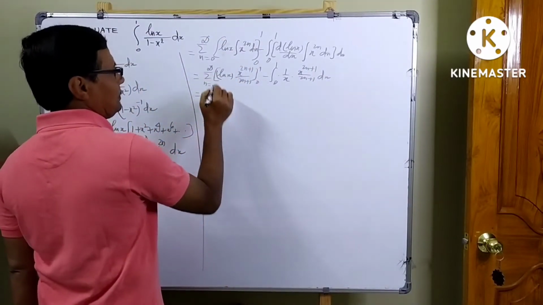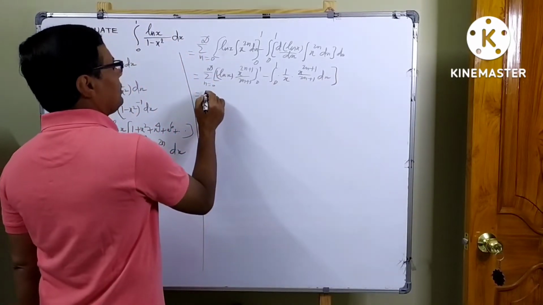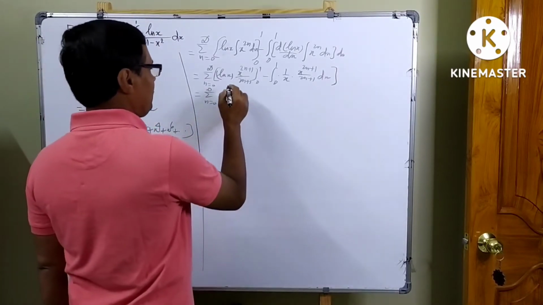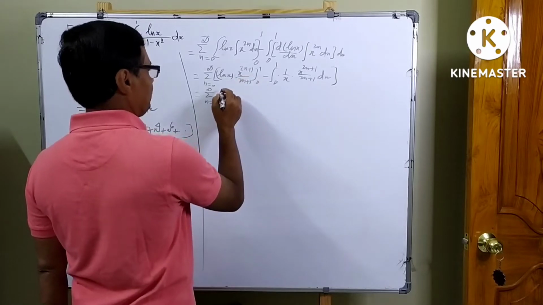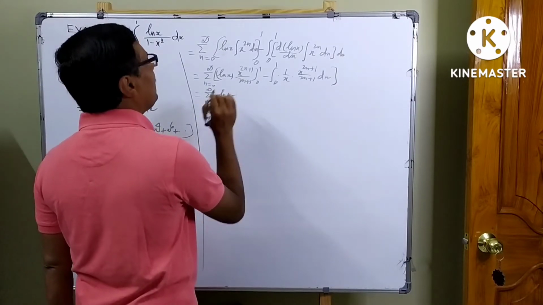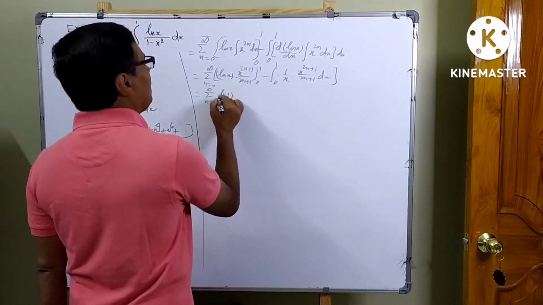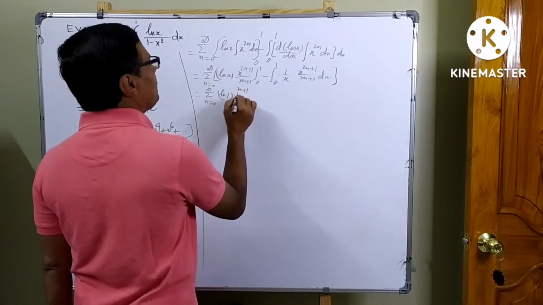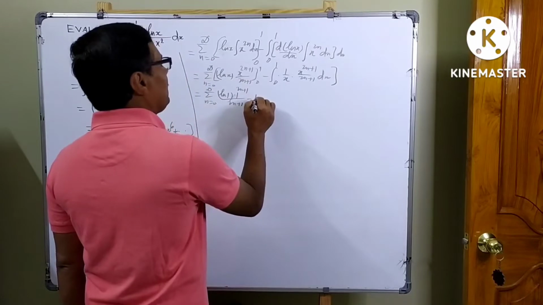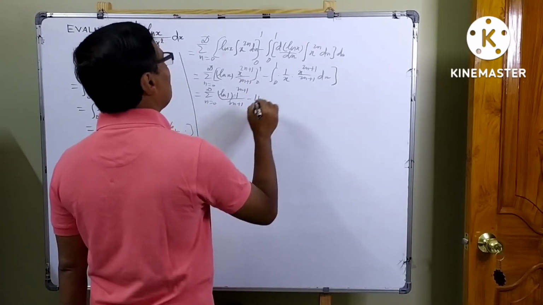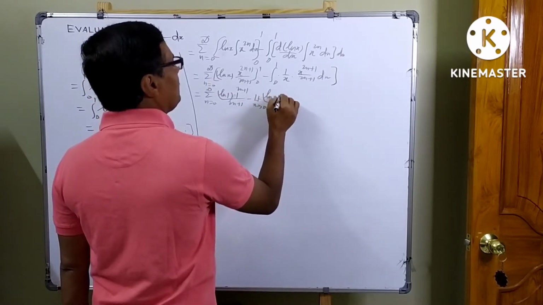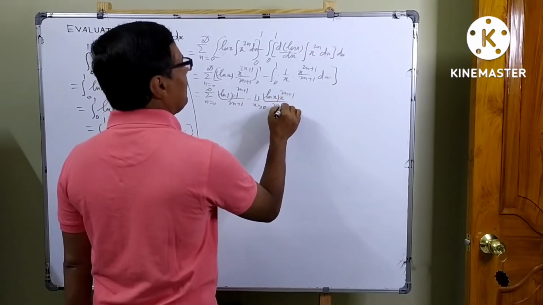This is equal to summation n equal to 0 to infinity of natural logarithm 1 multiplied by 1 to the power 2n plus 1 over 2n plus 1, minus, for the lower limit, limit x tends to 0 of natural logarithm x times x to the power 2n plus 1 over 2n plus 1.